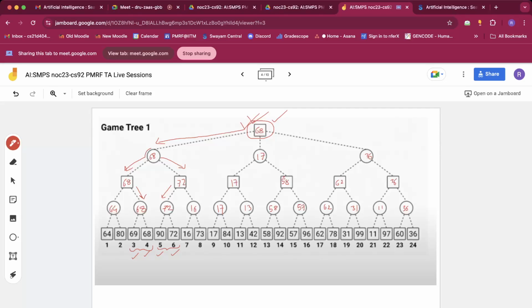So we got this 68 from comparing this 68 with this 72, right? So we also have to include this 72 in our best strategy. And this 72 in turn comes from this 72, which again comes from comparing 90 and 72.